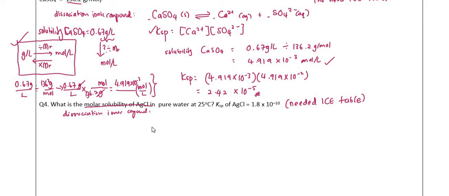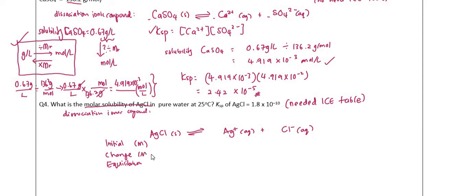Alright, so your compound is AgCl, Ag plus and Cl minus. Okay, I stable: initial, change, and equilibrium. All the time your I stable is in unit molar.